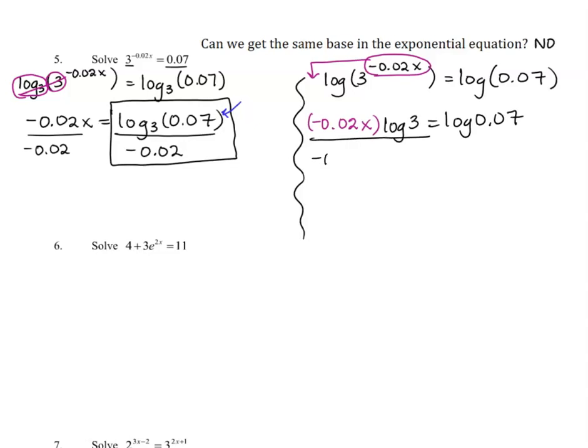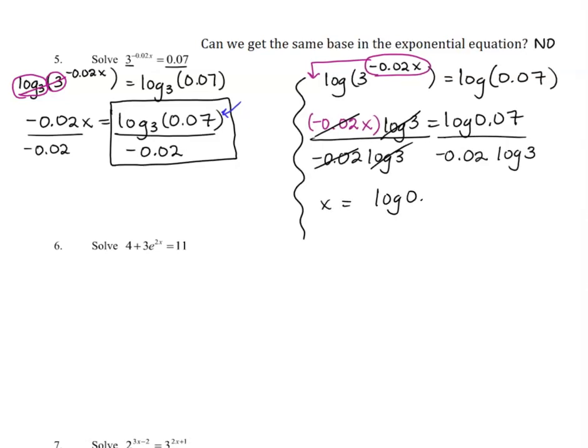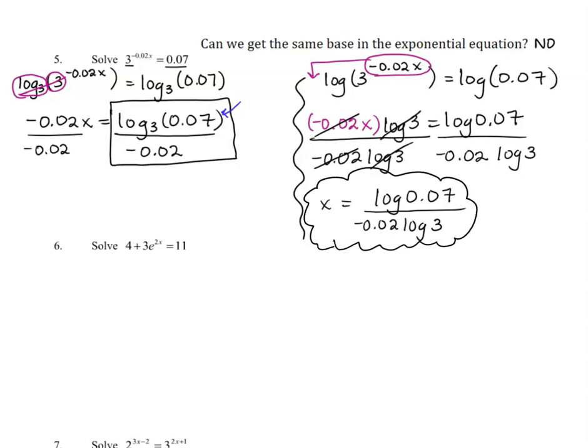And then to solve for x, we would need to divide both sides by not only the negative 0.02, but also the log 3, leaving us with x is equal to log of 0.07 divided by negative 0.02 log 3. And we could put this expression in the calculator to finish getting our answer.